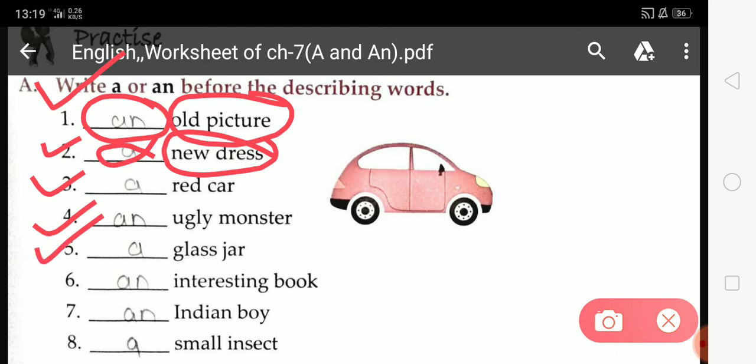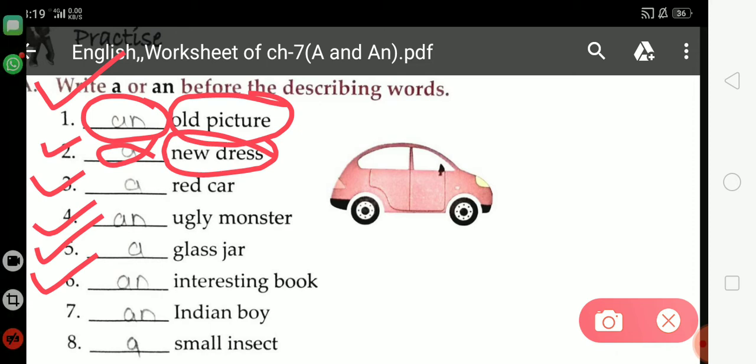Now come on, fifth, glass jar. In glass jar, G is a consonant, so student, we have to use a before the glass jar. Now come on, sixth, interesting book. In interesting book, I is a vowel, so student, here we use an before the interesting book.